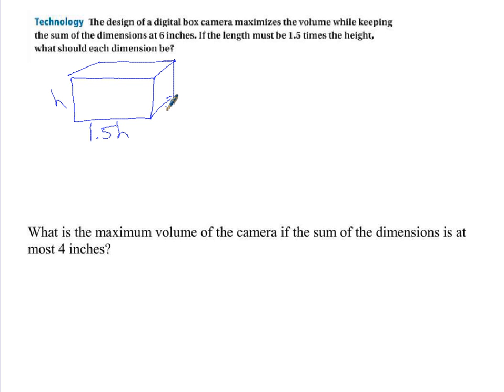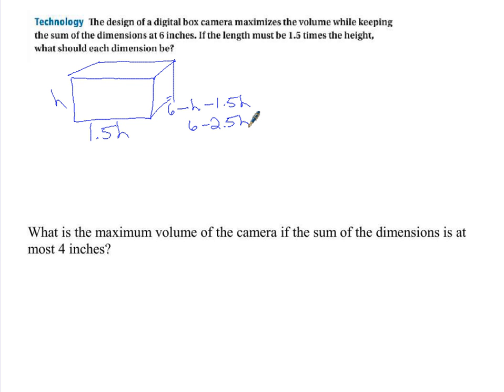Which means that this must be 6 minus H minus 1.5H. Because that's 6 overall. If I take away this dimension and this dimension, then I get this dimension right here. So then this can be written as 6 minus 2.5H. Okay?